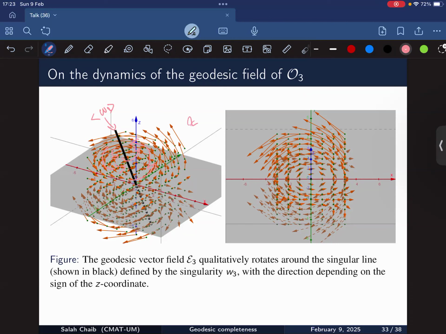Because you see, z = 0 is the invariant plane, z positive is one invariant locus, and z negative is another invariant locus. And for each locus, we have this invariant behavior. Maybe this picture shows it better, because it's pointed with this singularity.